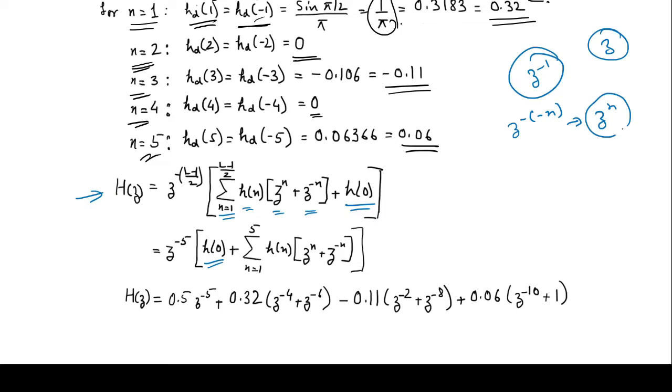So the realization of this one is not possible, and hence we have to make the h(n) a right-handed signal, okay. And this is the equation to convert the h_d(n) sequence into a right-handed sequence, okay. Then after that you get H(z), and just put in the values and you'll be getting the transfer function, okay.